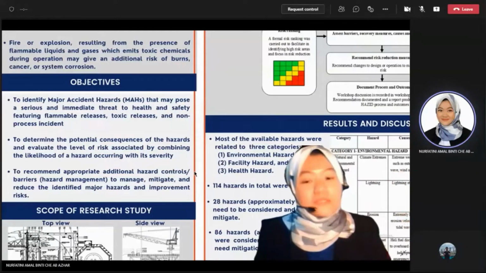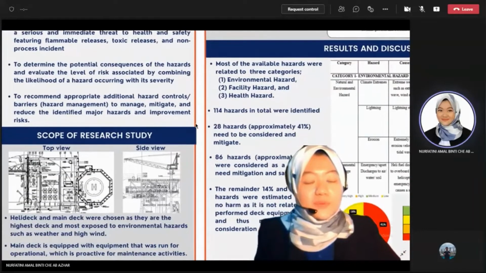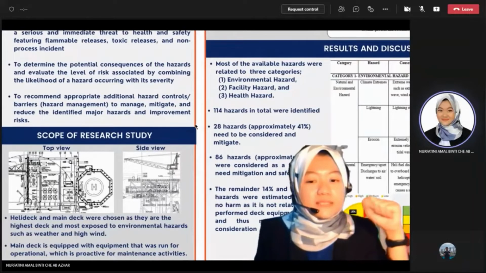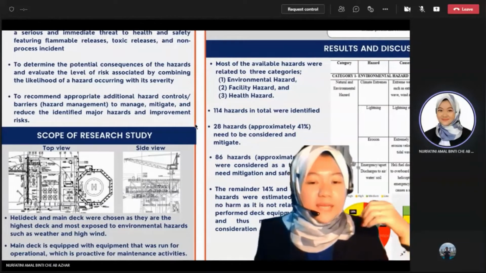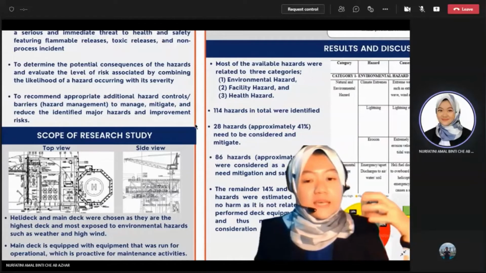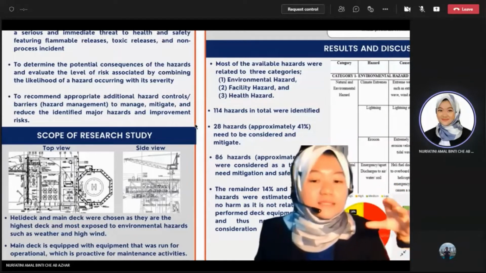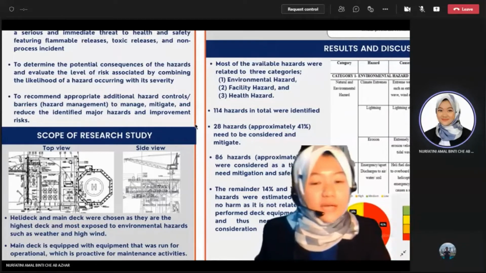or to improve the risk. In this study, the scope for this project is that the helideck and main deck were chosen as they are the highest decks and most exposed to environmental hazards such as weather and high wind.